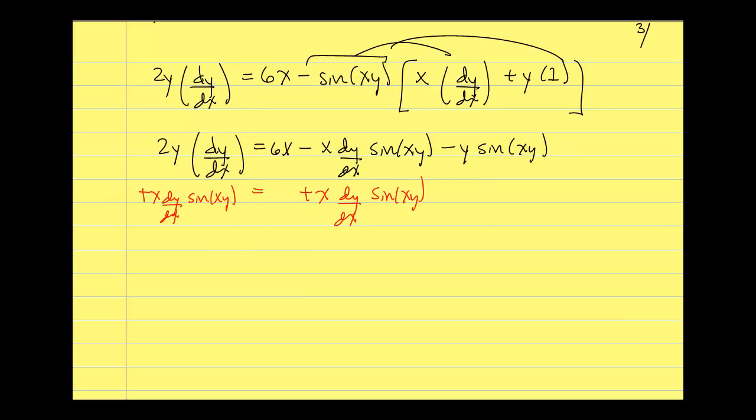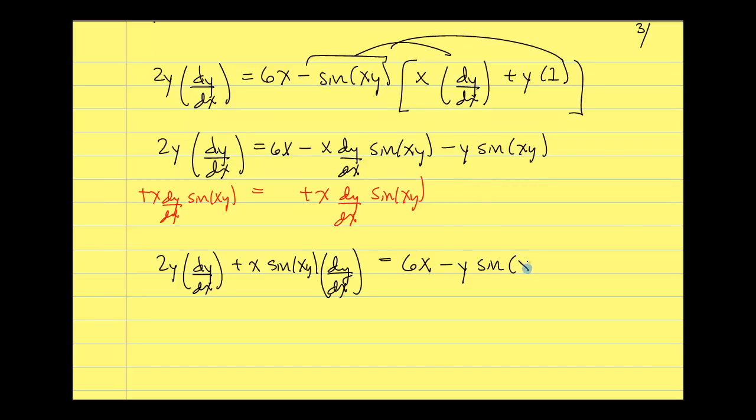So on the left, I have 2y dy/dx plus x sine xy dy/dx, and I'm going to put the dy/dx's on the right-hand side of the terms. On the right-hand side, I'm left with 6x minus y sine xy.